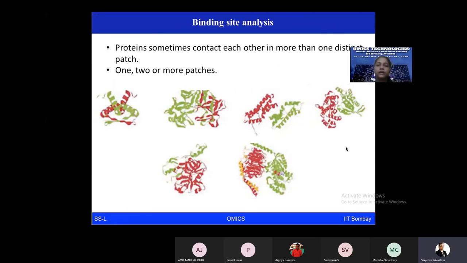Further moving ahead, one of the important topics that need to be considered in protein interaction analysis is the binding site analysis. Proteins can come in contact with each other not only in one patch, but in two or more patches. If we look at how two proteins interact with each other, we can see that there are several modes in which they can bind to one another.